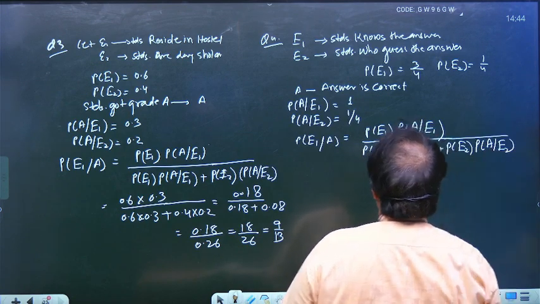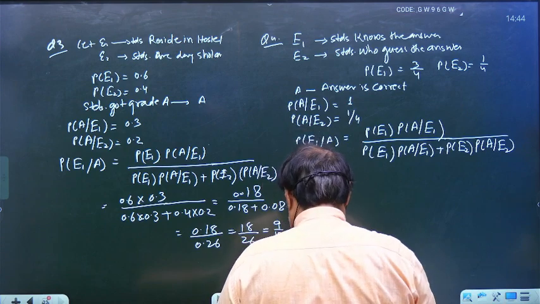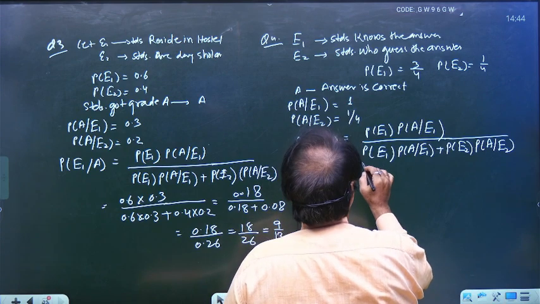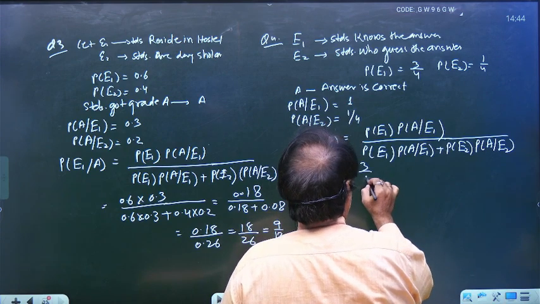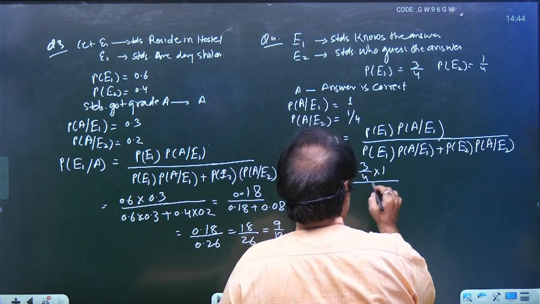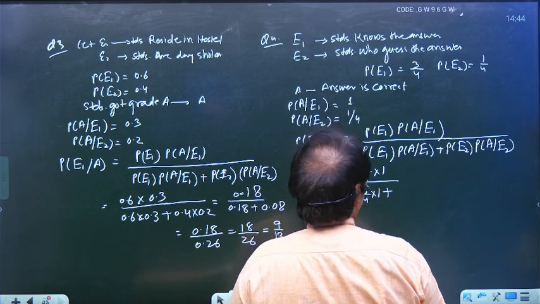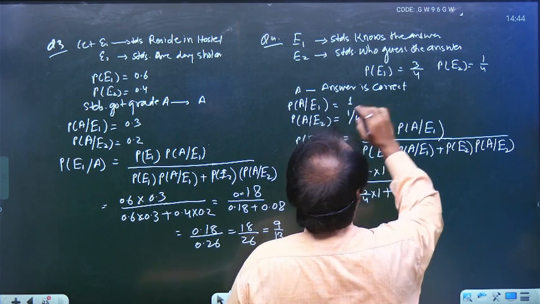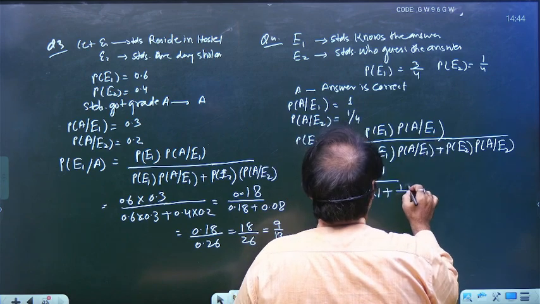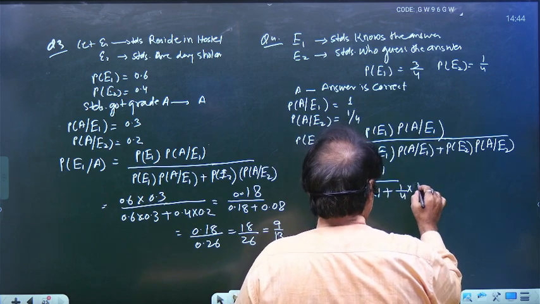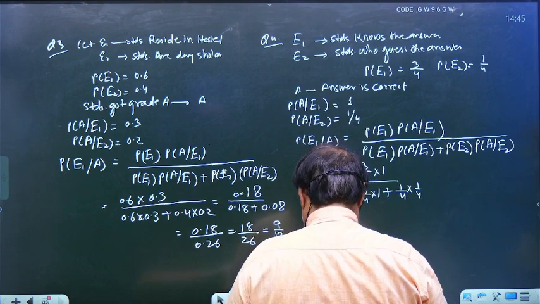Okay, and now put all the values. So probability of E1 is 3 by 4 into 1, plus probability of E2, 1 by 4, and A by E2 is 1 by 4, right?